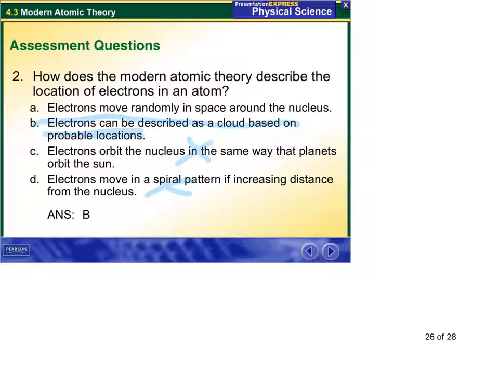It doesn't use planets, that was Bohr's model. And electrons move randomly in space about the nucleus. Somewhat true, but it's not completely random. We can predict their location. If it were random, we couldn't predict.